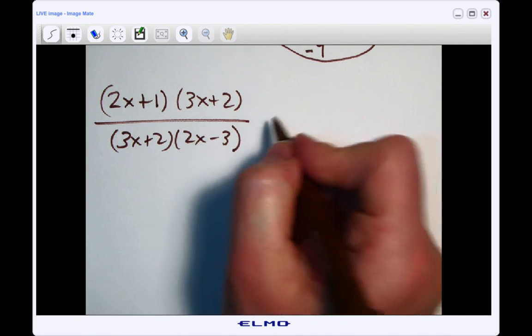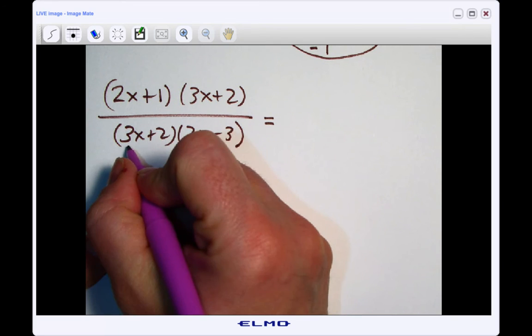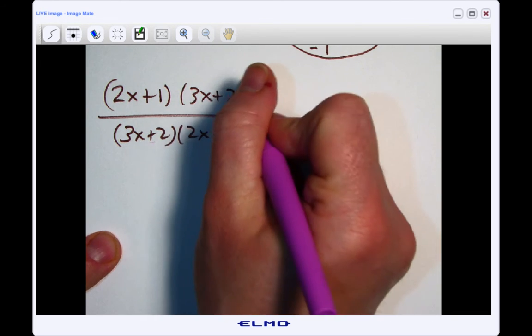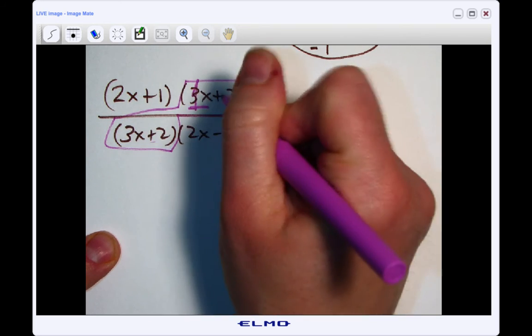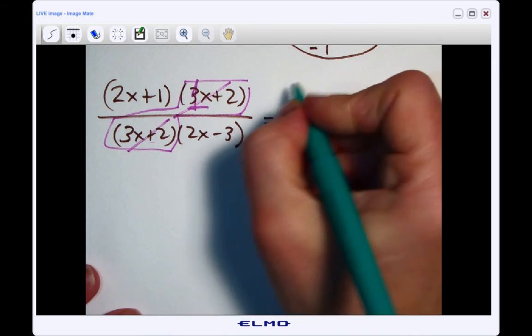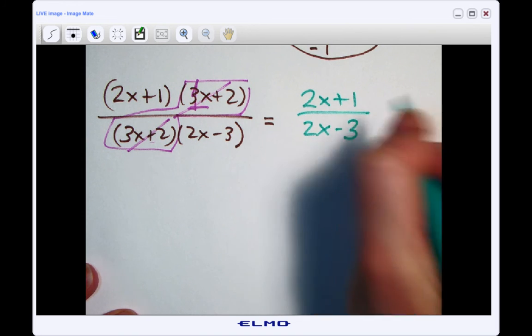All right, again, if we simplify it, then we know that we're just going to divide out the ones that are the same, because, of course, 3x plus 2 over 3x plus 2 gives you a 1. So these two things actually reduce to a 1. So we think about it as crossing them out, but really what we're doing is we're dividing them and making them a 1. And so now I have 2x plus 1 over 2x minus 3.